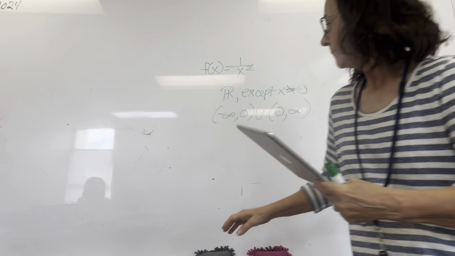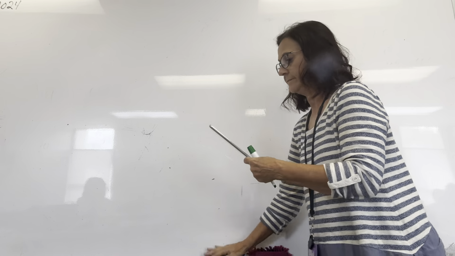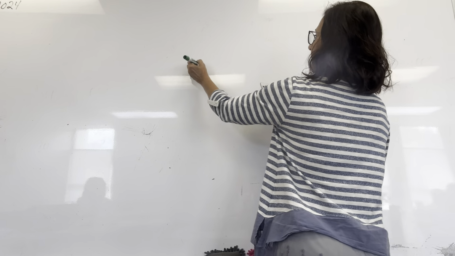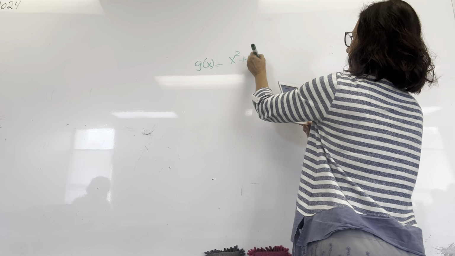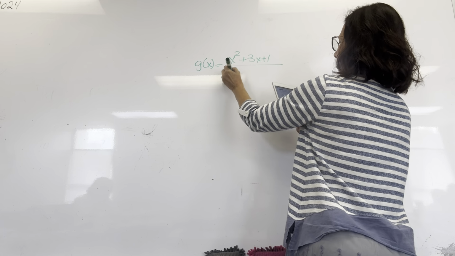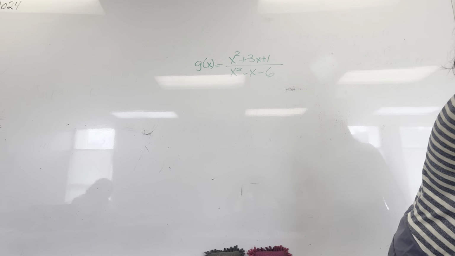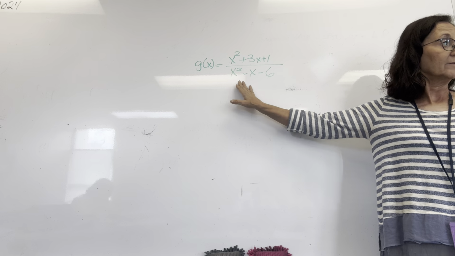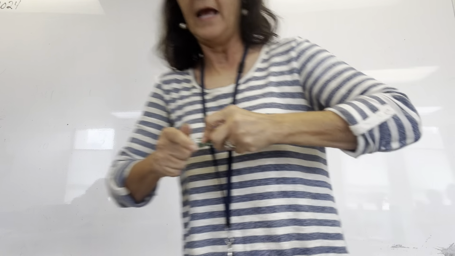B is slightly harder to figure out. B is g of x equals x squared plus 3x plus 1 over x squared minus x minus 6. But still, we're just looking at the denominator. So you want to factor that denominator.